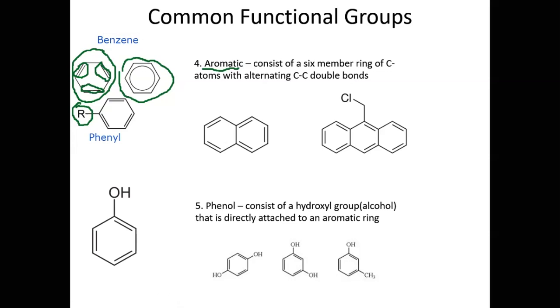Now, you can have more than one 6-membered ring with alternating double bonds. Here we have 2 6-membered rings with alternating double bonds, and this is referred to as naphthalene. Also, naphthalene is found in mothballs.